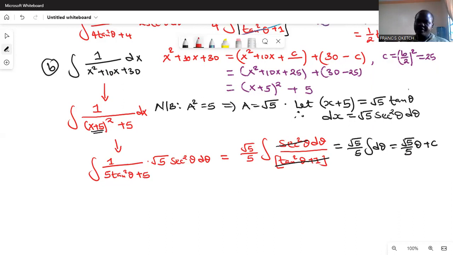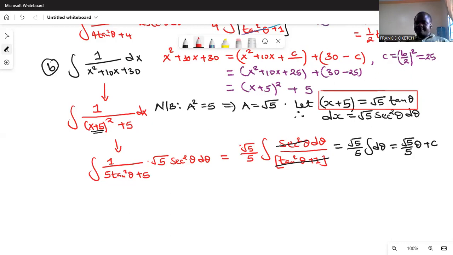So check where we defined our theta. It is this one here. And make theta the subject. You start by dividing by root 5, so that we have x plus 5, everything over root 5, is equal to tan theta.